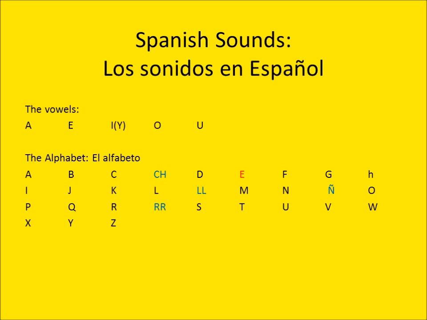A, B, C, Ch, D, E, F, G, H, I, J, K, L, L, M, N, N, O, P, Q, R, R, S, T, U, V, W. You can also say, for the same letter, W, X, Y, Z.